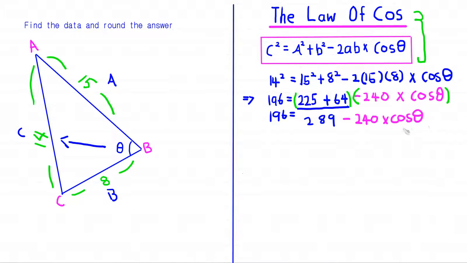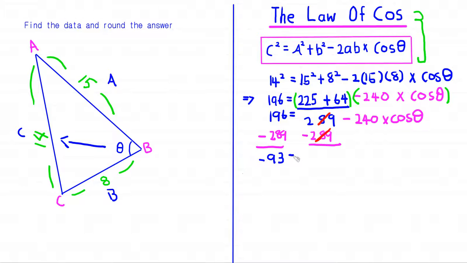We need to isolate cosine of theta on the right side and remove all the other terms in order to find the value of theta. We can subtract 289 from both sides to keep the equal sign. On the right side the 289 cancels out, and on the left side it will be 196 minus 289, which is negative 93.